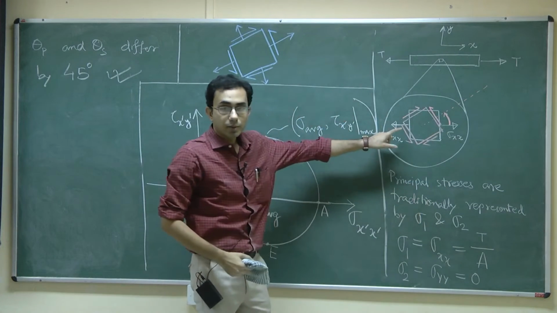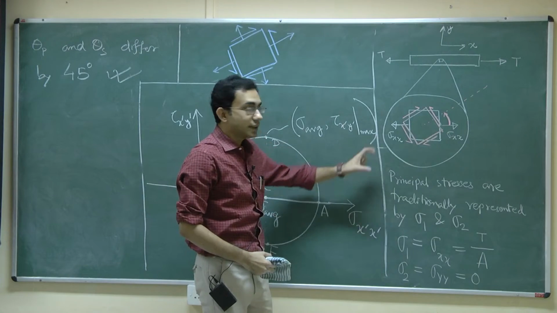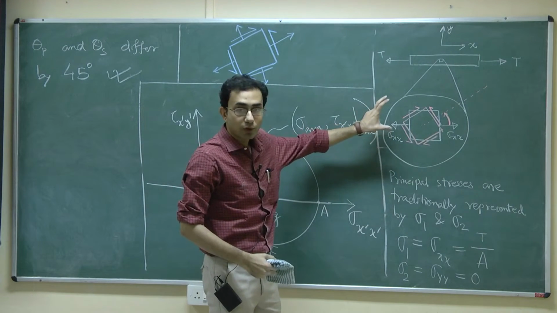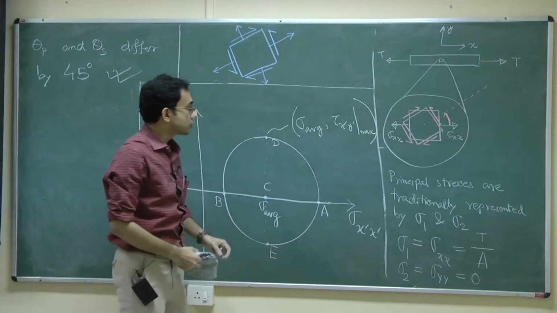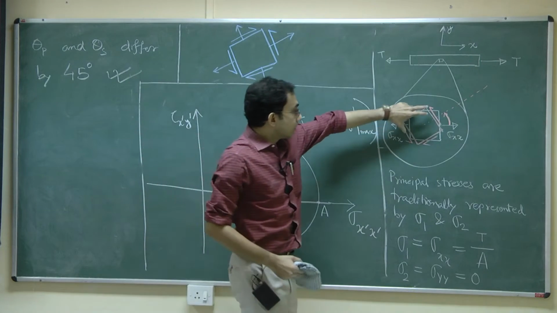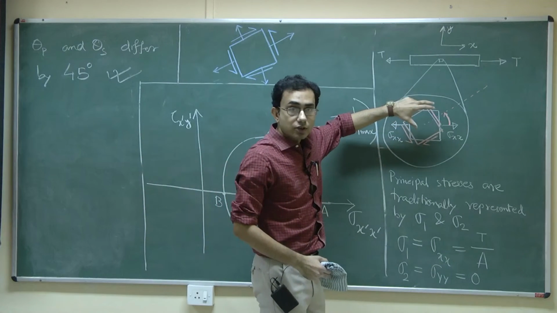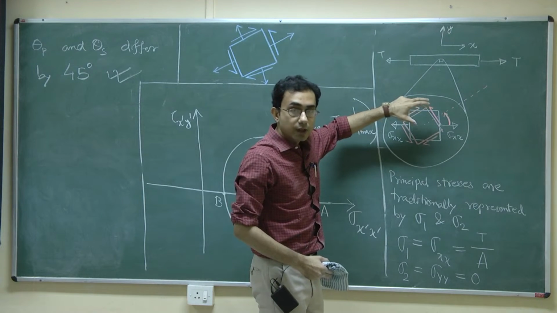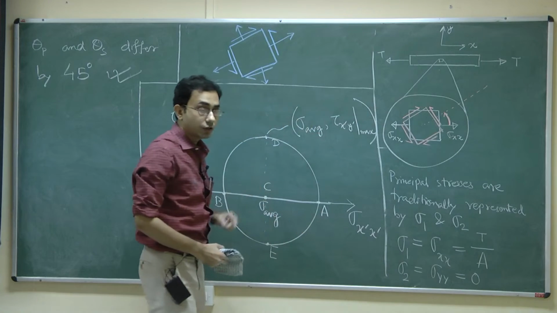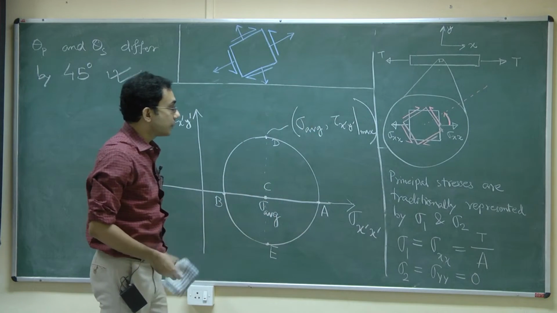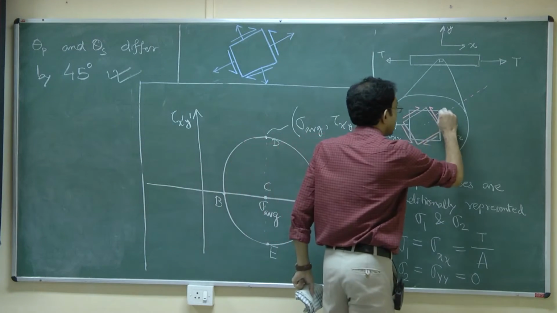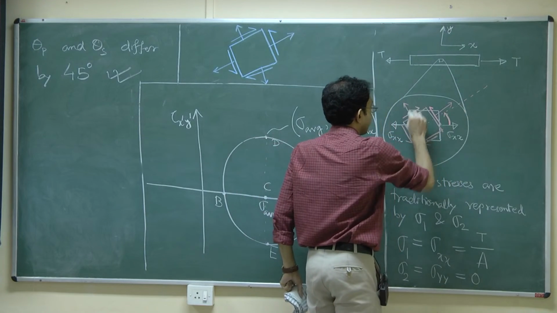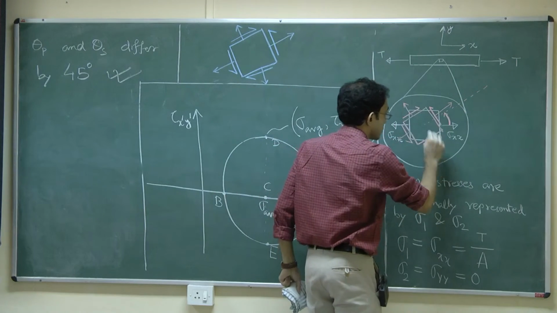Is this diagram complete? Yes or no? Well, if in a real classroom, I believe almost all of you would have said no, because we know that the planes on which the shear stresses are occurring are planes which are not, I repeat, which are not devoid of normal stresses, which means that I do have non-zero values of stresses appearing here also.